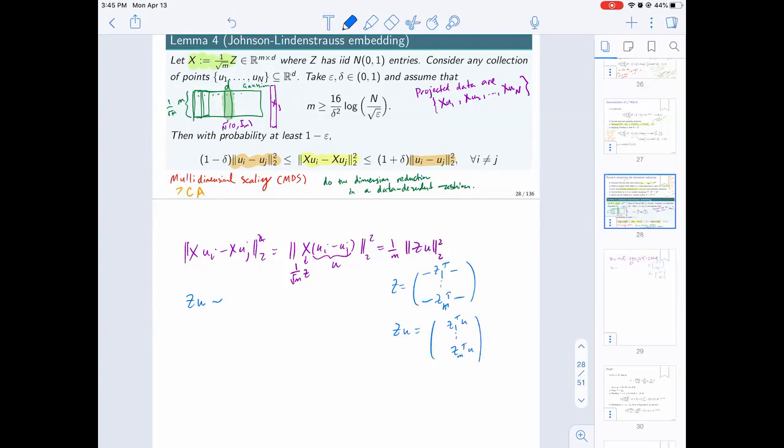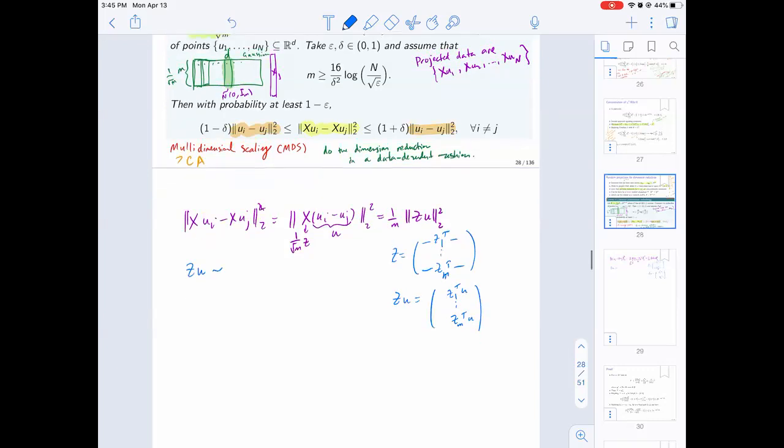And then you can verify that individually they are standard Gaussians, and the pairwise covariance of zi transpose u and zj transpose u, for i and j, is 0. Writing it out, this is u transpose times the expectation of zi zj transpose times u, and these are independent, so this is going to be 0.